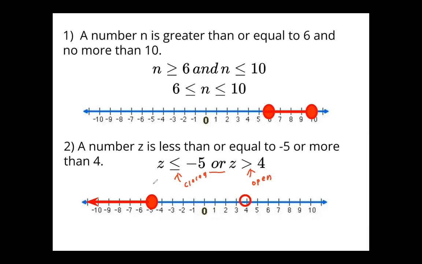So just graph them as you would a standard inequality. z is less than or equal to points to the left, then z is greater than will point to the right. So there are your 2 inequalities that represent this compound inequality.